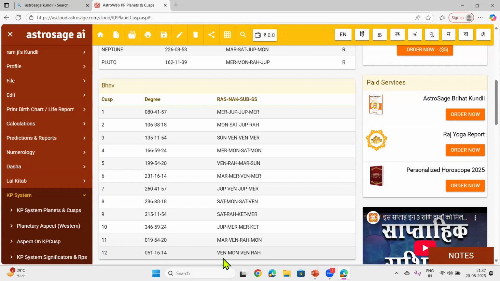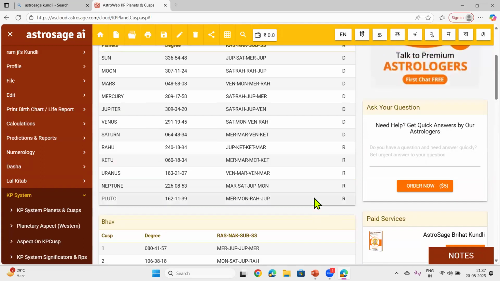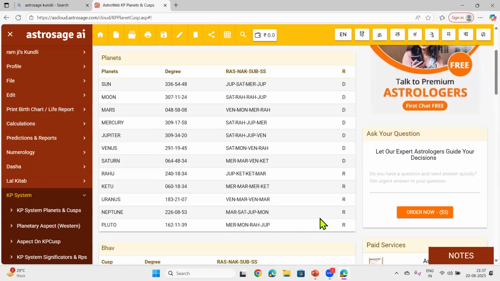Yes, sir. A planet sitting in a house gives the result of the house stronger than the lord of that house. Here Mars is the lord also. Mars is sitting in its own house. Yes, sir. So now the connection is there. Now we have to come to the chart of the planets. See the Mars, Moon.